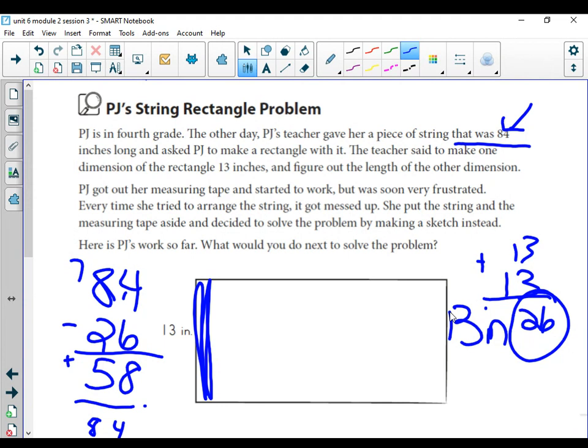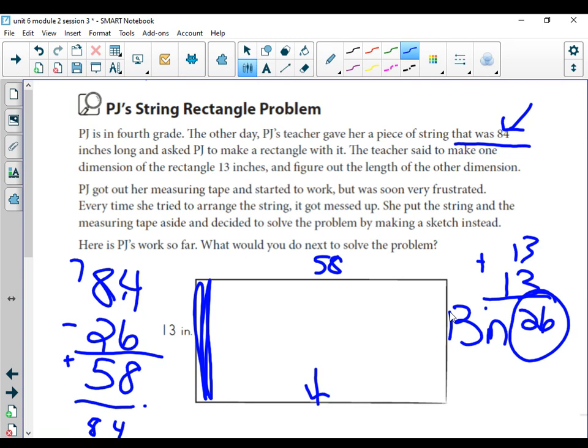So this top one can't just be 58, because we have a total of 84. If we take 58 plus 13, we still haven't added this bottom part on. So what we need to do with the 58, because we only have 58 total to work from now, is divide it in half.